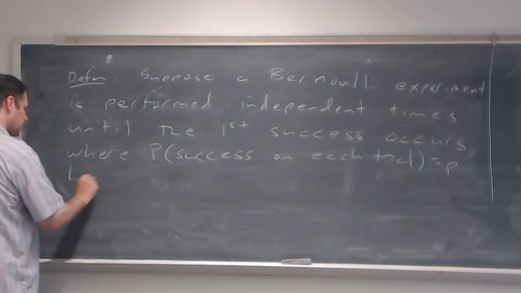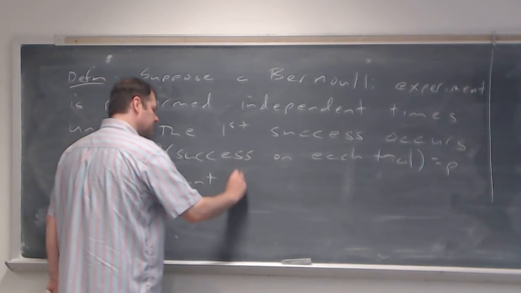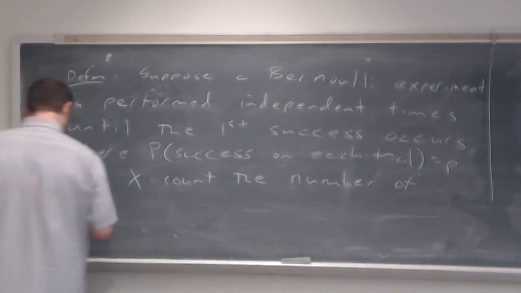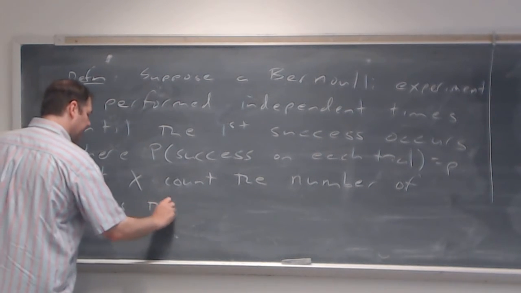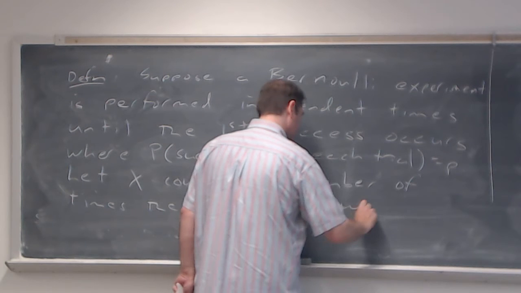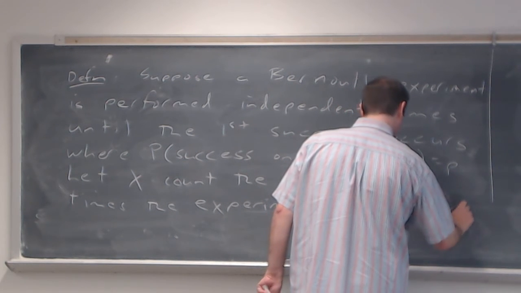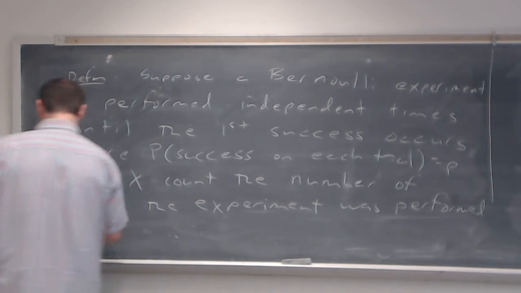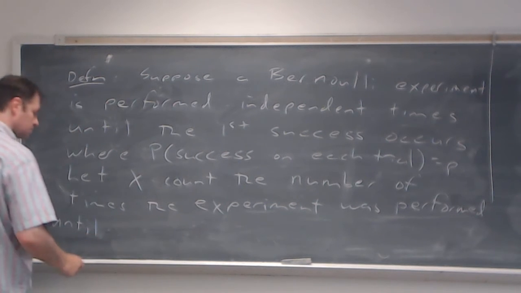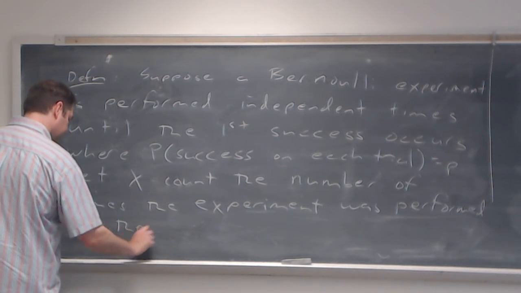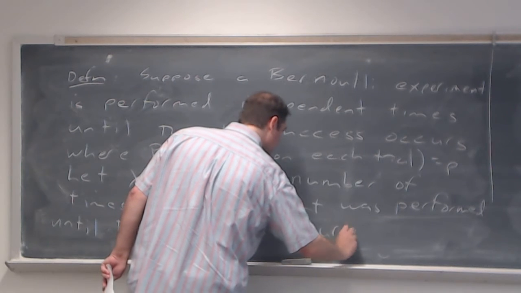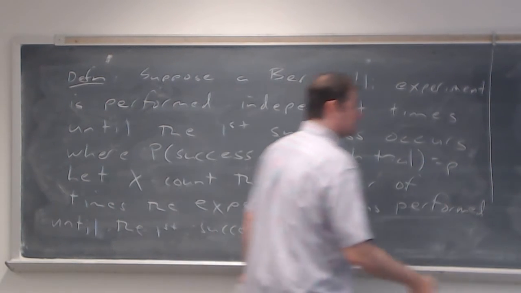We're going to let x count the number of times the experiment was performed until the first success occurs. Then x is called the geometric random variable.